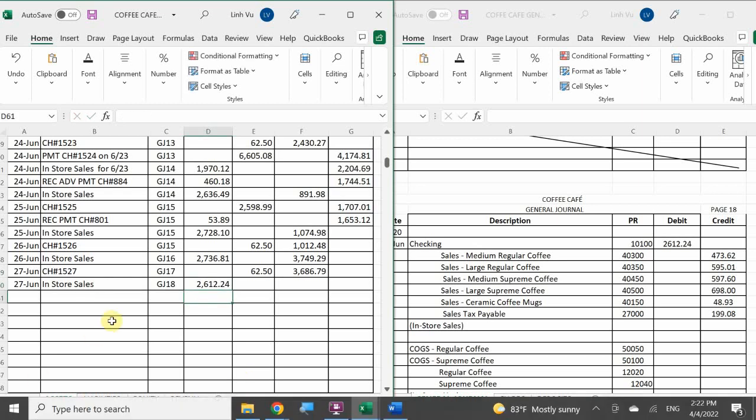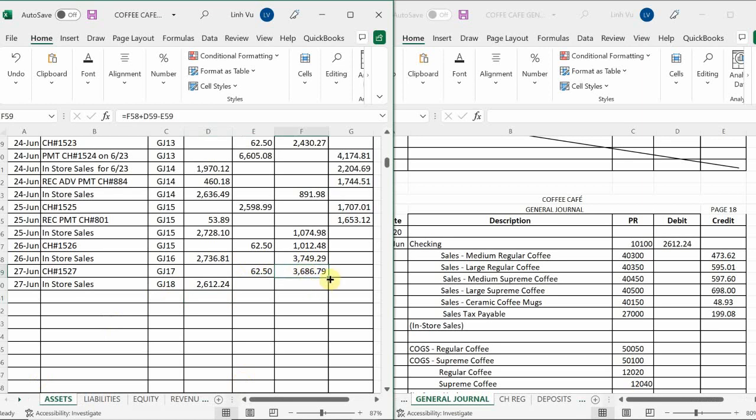So therefore, how much cash should we have in my checking account? Right? I should have $6,299.03. Right?